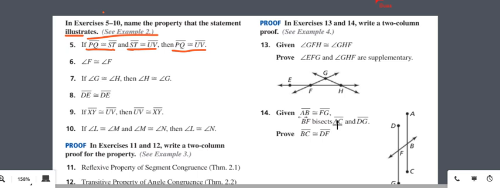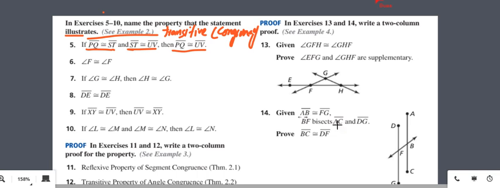So which property is that? We call it the transitive property of congruency. Yeah, transitive of congruency. Is it clear?